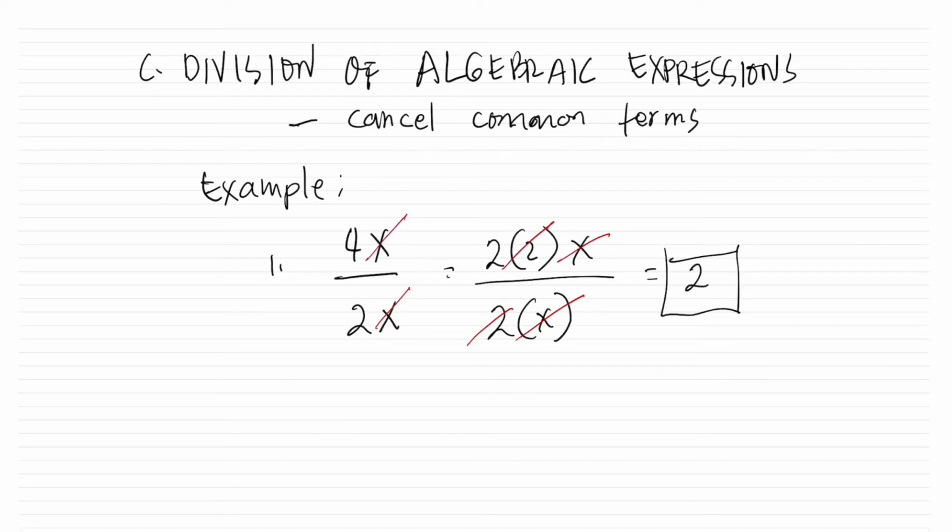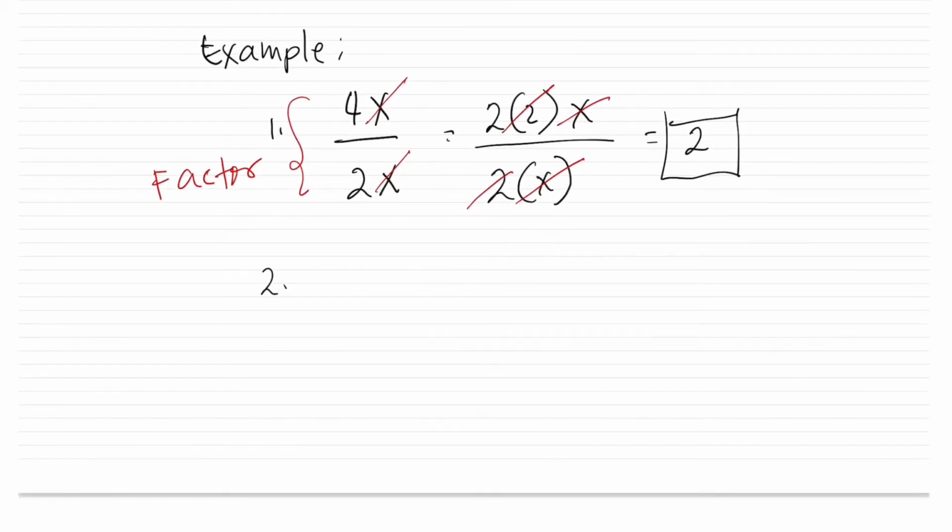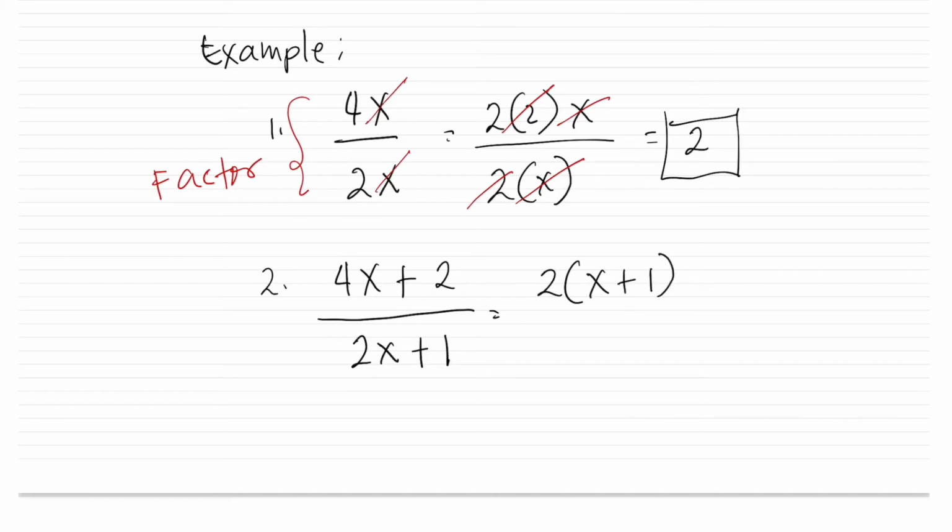So what we do is factor so that we can cancel common terms. Let's have another example. If you have 4x plus 2 over 2x plus 1, the answer would be 2 times x plus 1 over x plus 1.